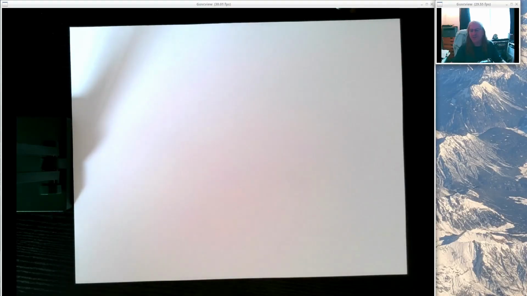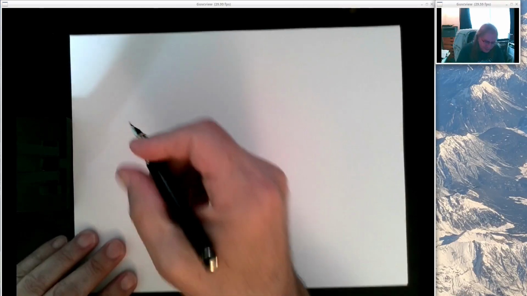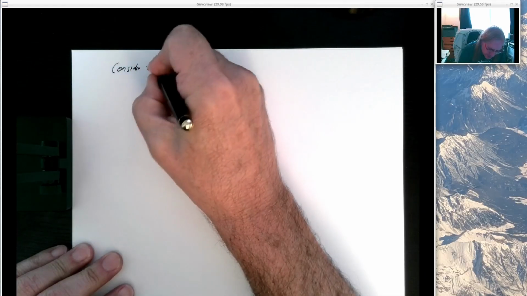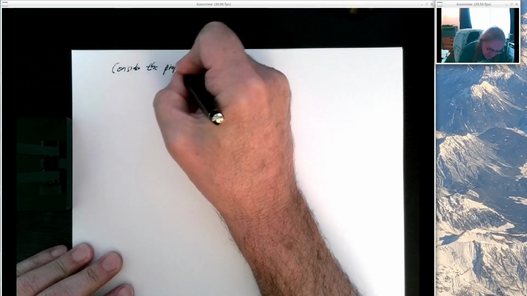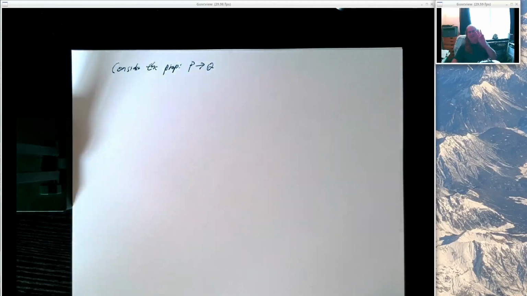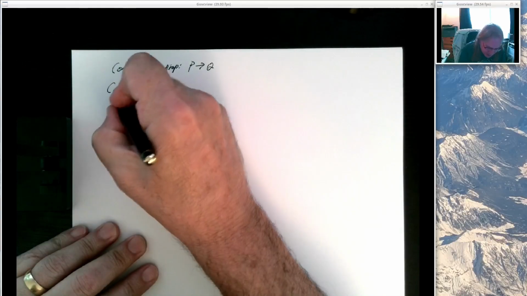Continuing, more ways to make new propositions out of old propositions. So consider the proposition if P then Q. There's three other propositions we can create from this. One is called the converse.